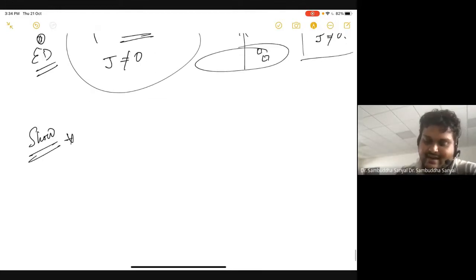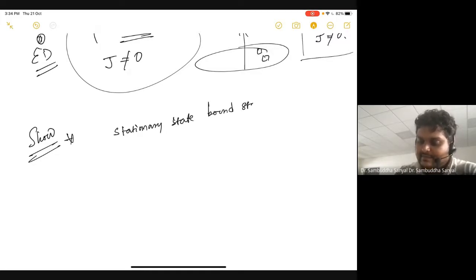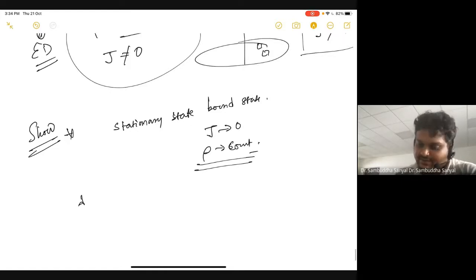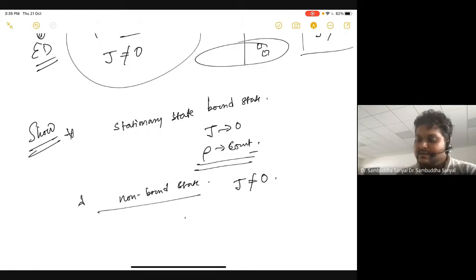Now show that, and then I'll give another example next class, that if it is a stationary state, a bound state, then J is 0 and rho is also 0, or rho is constant at least. But if it's a non-bound state, then J is not equal to 0, yet rho is constant.